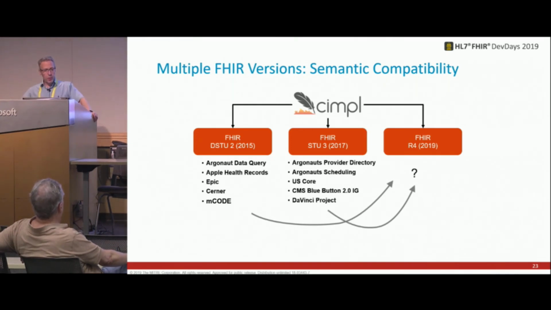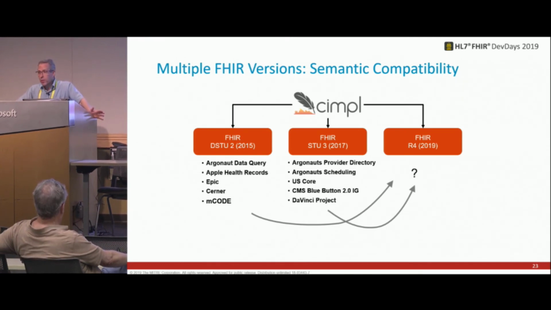So the other thing that I mentioned a couple of times is this ability to cut across versions. I guess I preempted myself a bit, but since everyone is on a different version of FHIR, Argonaut and Cerner and Epic are still in, and a lot of providers are using these tools which are still on DSTU2. It pays off to have something where your migration path is going to be paved for you.